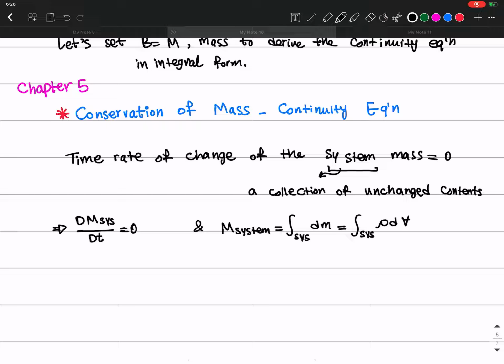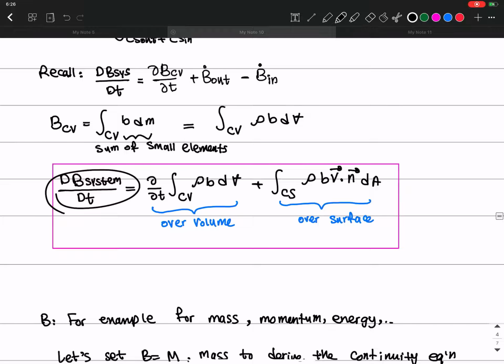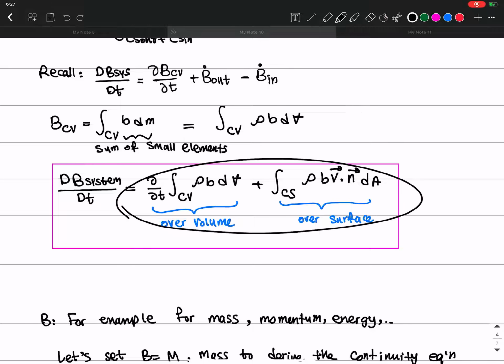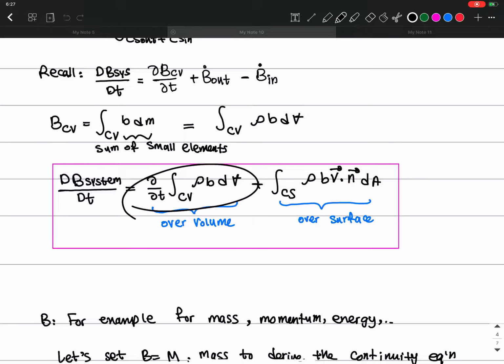And now using this, I want to write the Reynolds transport theorem, to write this total derivative in terms of the partial derivative and also the surface flux terms on the right hand side.